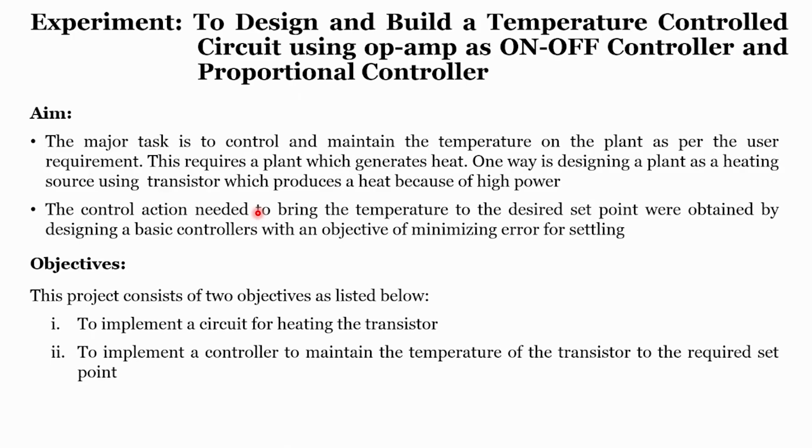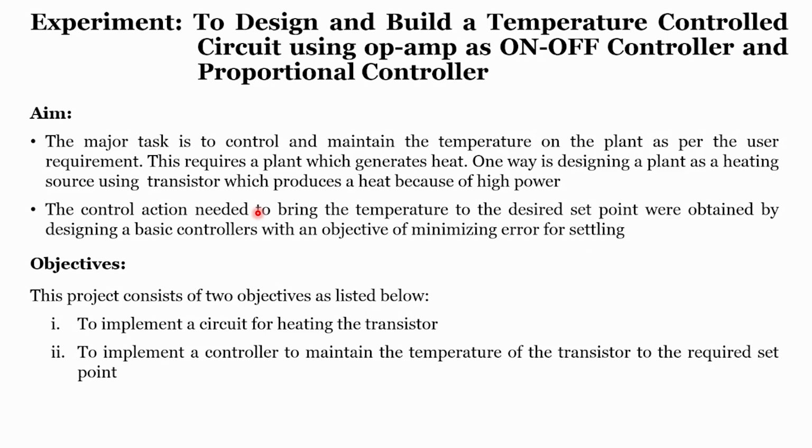We also need the maximum current, voltage or power that the system can withstand without damaging it. Once we know all these parameters, we can design our feedback controller for maintaining or controlling the temperature on a plant.